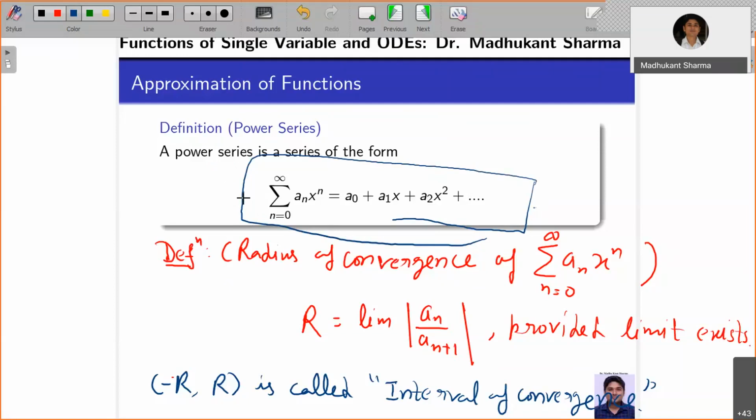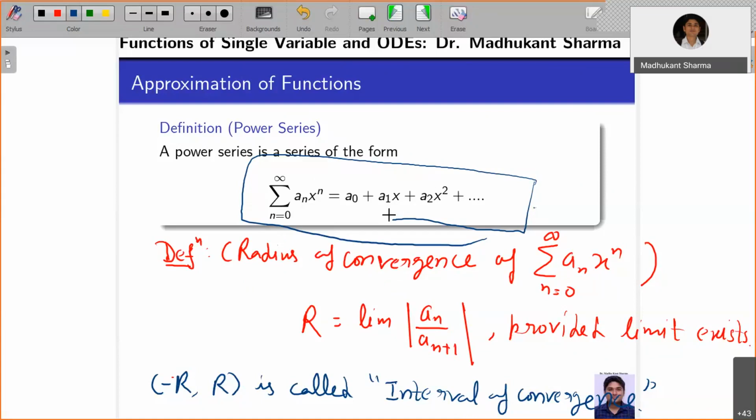The other point is, suppose x is equal to 0, then this series has convergence guaranteed at x equals 0. So we should not be worried about the point x equal to 0. We should be worried about the points which are distinct from 0. That's the very first thing.